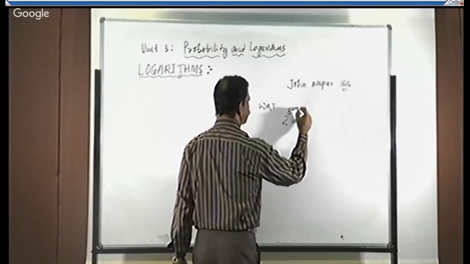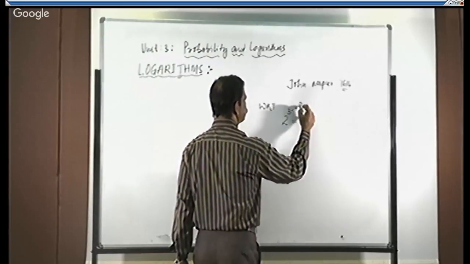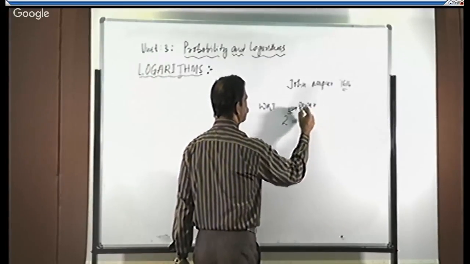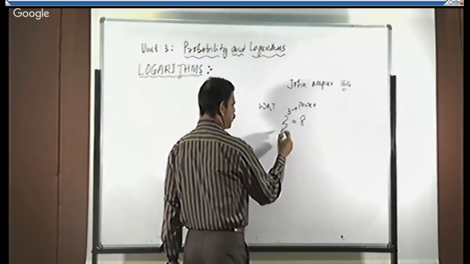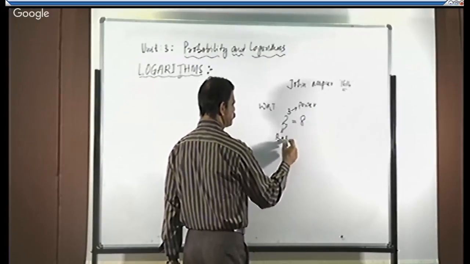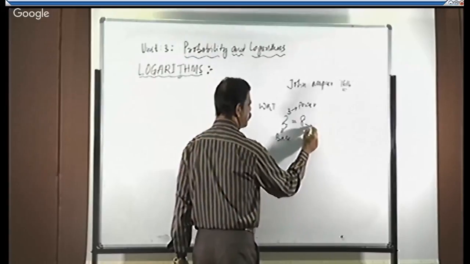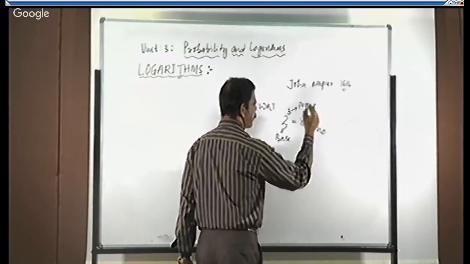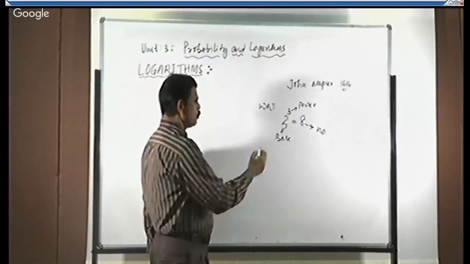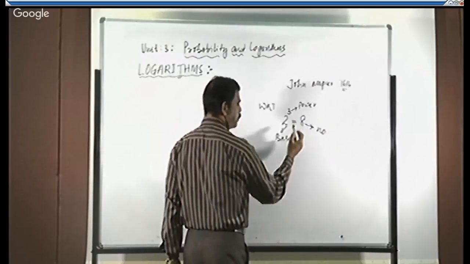So this will be called as power or index, and this will be called as base, and this is what? It is a number. 2 cube is equal to 8.